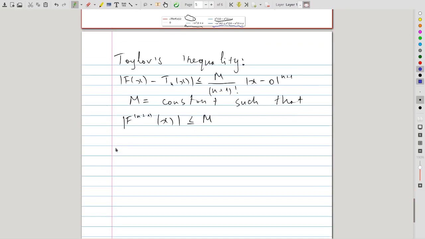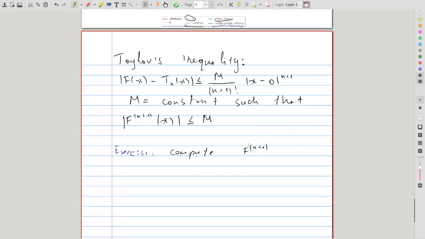So as an exercise, compute the derivatives of f to the order, say, 8, for example. So that's probably a little bit tedious.